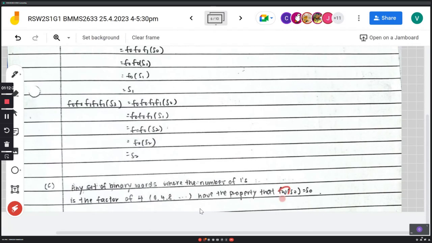So your W is the number of 1s is a factor of 4. What is a factor of 4?